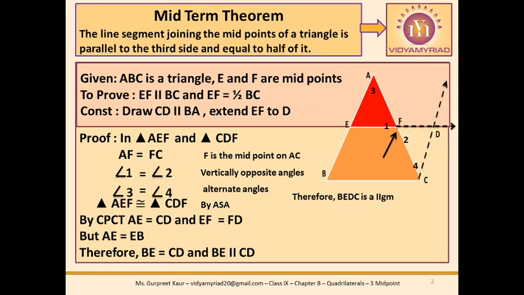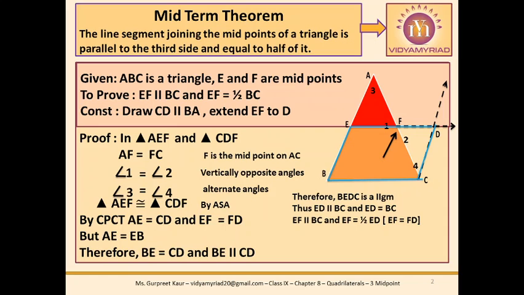Therefore, if one pair of opposite sides is equal and parallel, BECD is a parallelogram, and when it is a parallelogram, we can also say that ED is parallel to BC and ED is equal to BC.